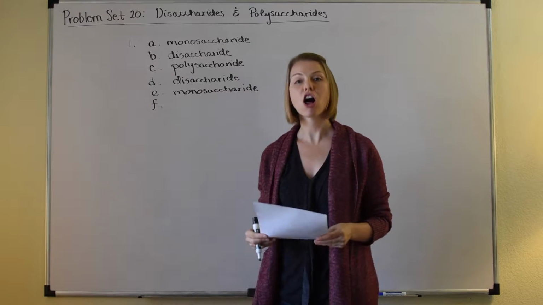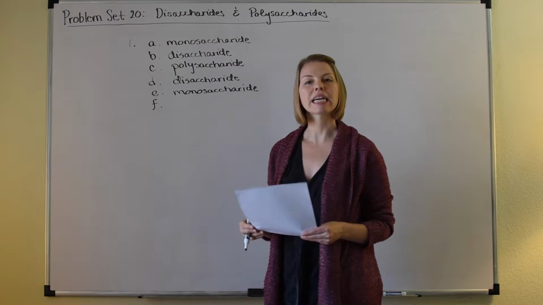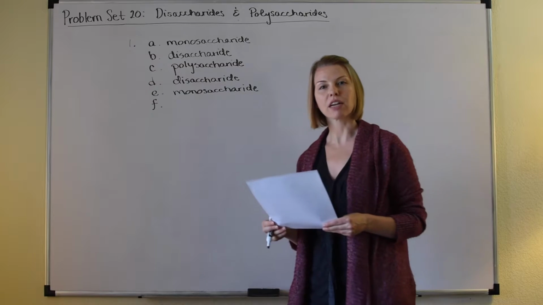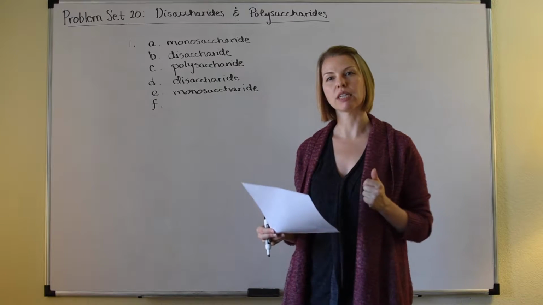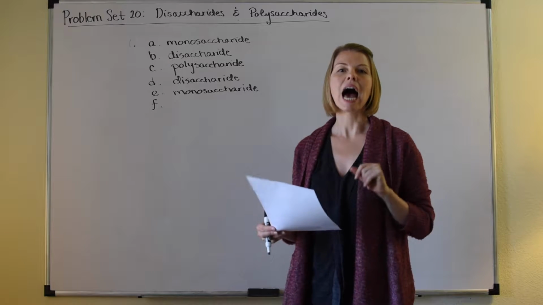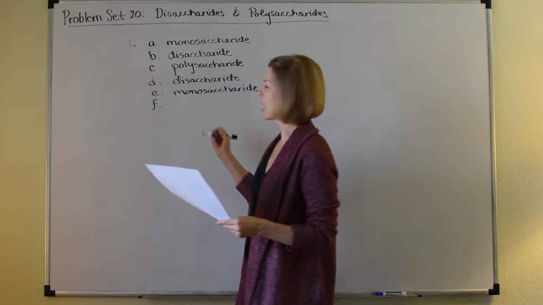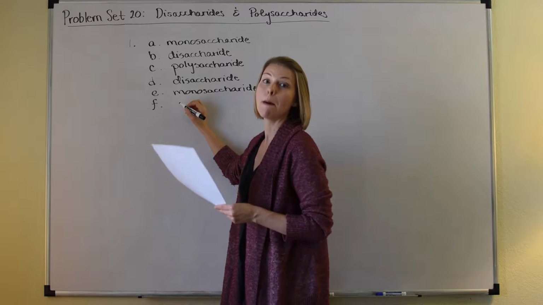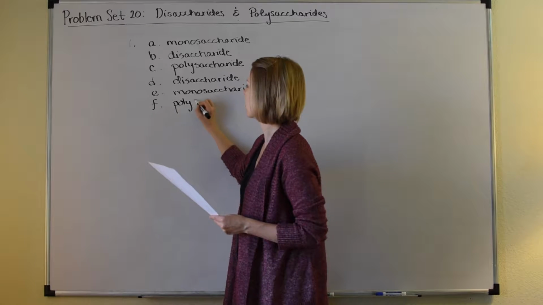Glycogen is a polysaccharide composed of D-glucose units. They're connected by alpha-1,4 glycosidic bonds, and there are branching D-glucose units that are connected to that initial chain by alpha-1,6 glycosidic bonds. So glycogen is composed of many glucose units. It is a polysaccharide.